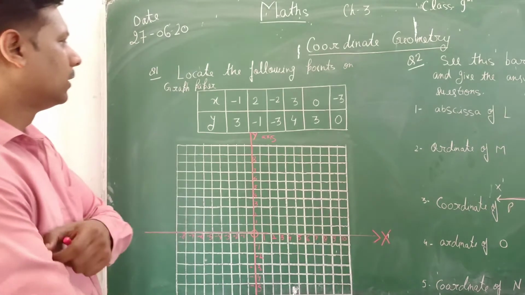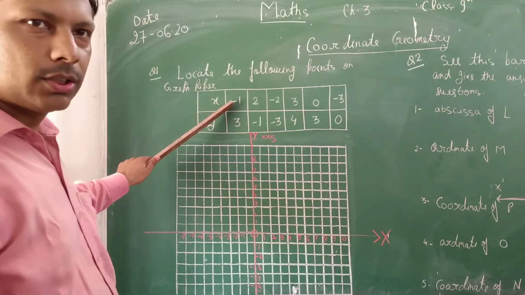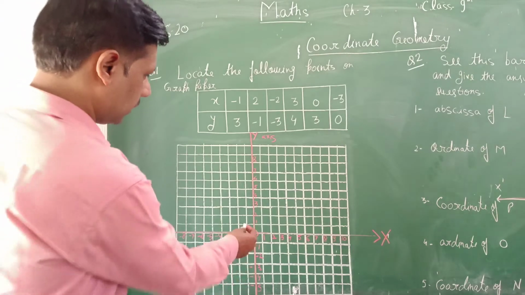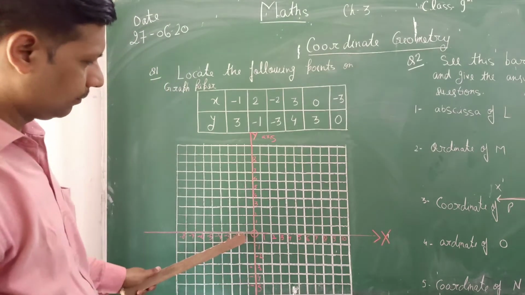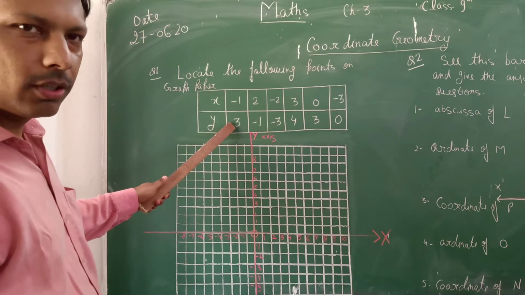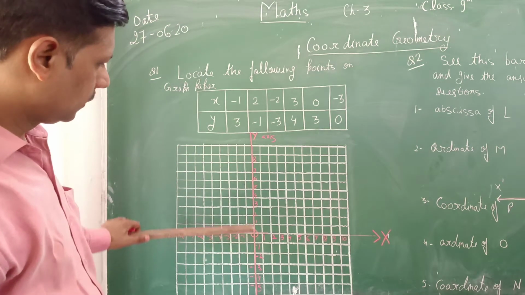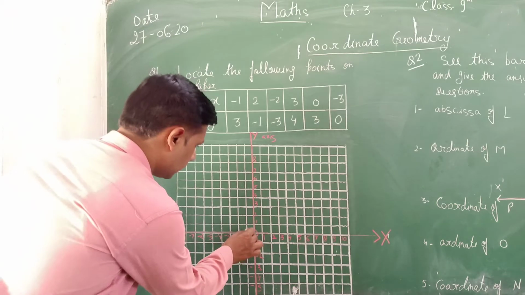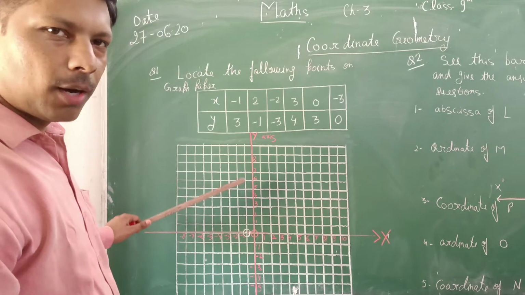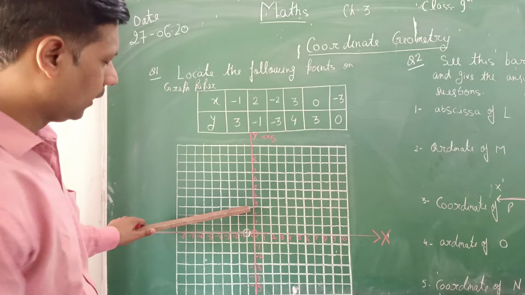So let us take the first point, that is -1 on the x-axis. Because of the negative sign, it should be on the left side. -1 here, right? And then the value of coordinate or y is 3. It is positive, so it is on the upper side. Just see, after getting -1 here, move in the upward direction, 3 points, 1, 2, 3.